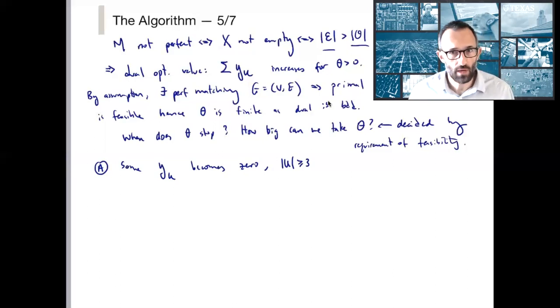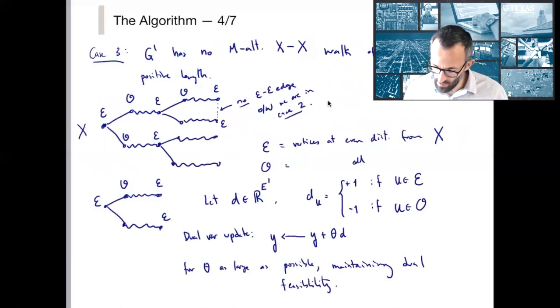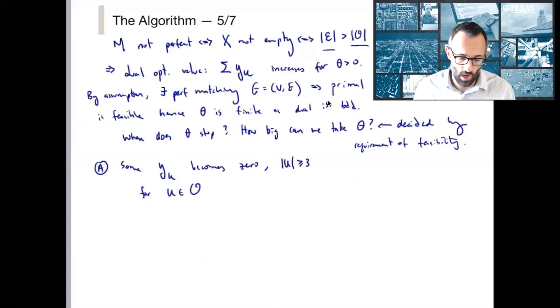Now, what is u? U has to be in O. For u in O. And why is that? Well, that's simply because, just flipping back to the previous slide, I'm only decreasing the nodes in O, the nodes U that are an odd distance from X. So it could be that some U becomes 0, and then we stop.